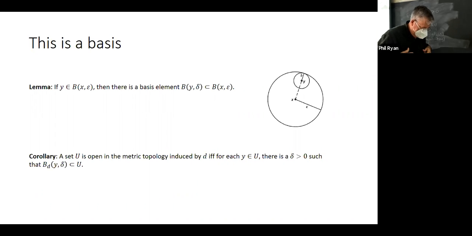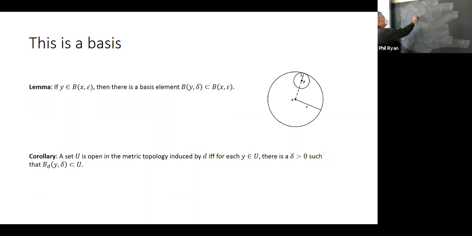And so as a corollary from that, the second condition holds true. What is the second condition? We've got two basis elements. They intersect, and let y be here. Then why can we put a ball around here?